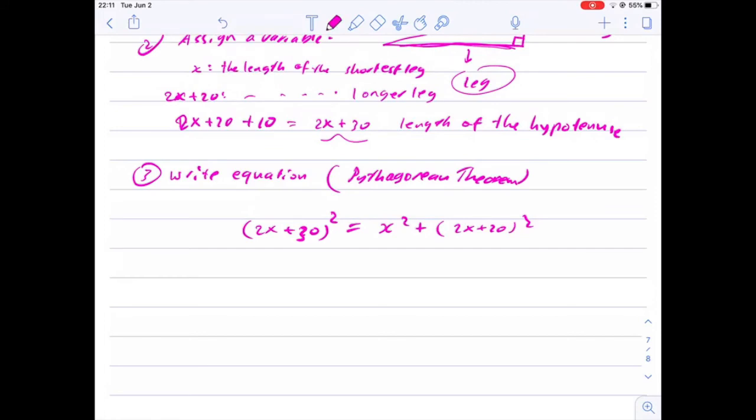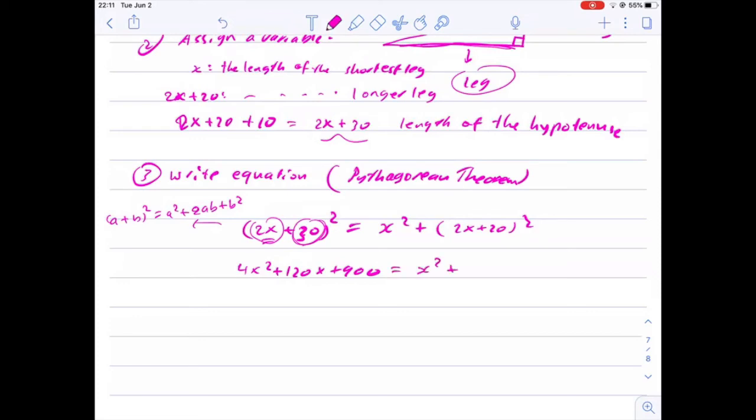We get 4x squared plus 120x plus 900. I applied the following formula: a plus b squared is equal to a squared plus 2ab plus b squared. The square of the first term is 4x squared, plus 2 times the first times the second. 2 times 2 is 4 times 30, 120 times x, plus the square of the second, the square of 30 is 900, equals.